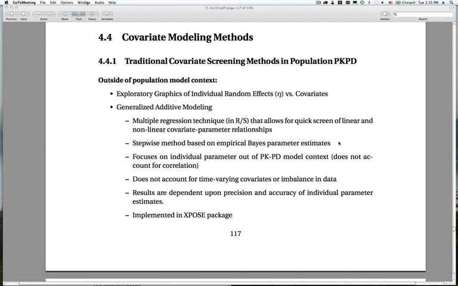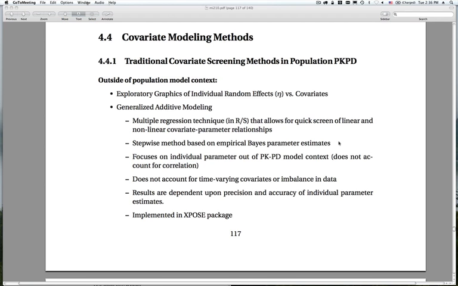So first of all, initially there were some classic papers published describing some of these screening methods, or how we can use individual specific random effects to identify covariates that should enter the model.